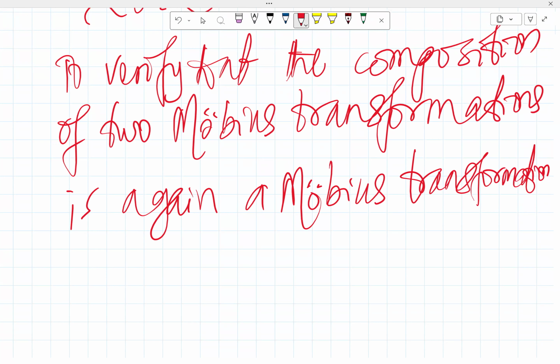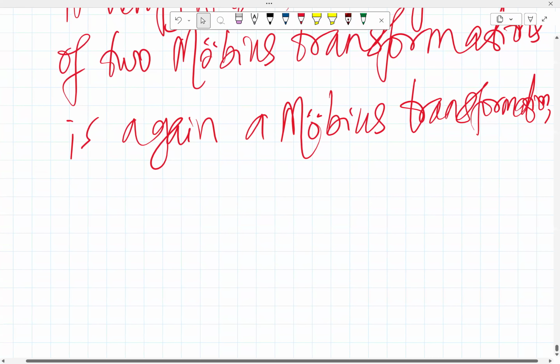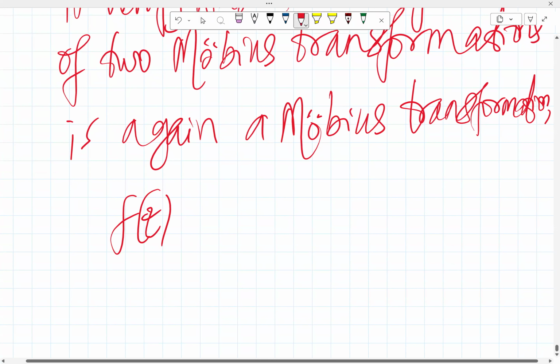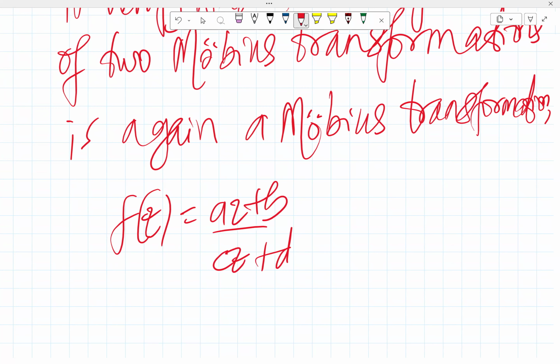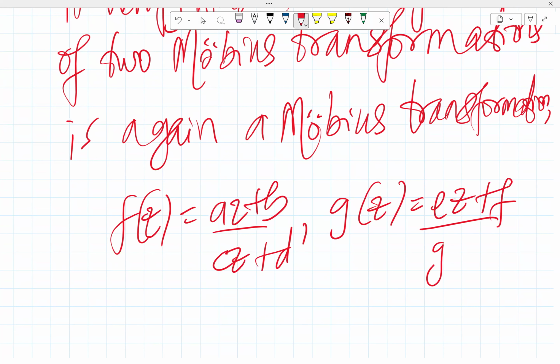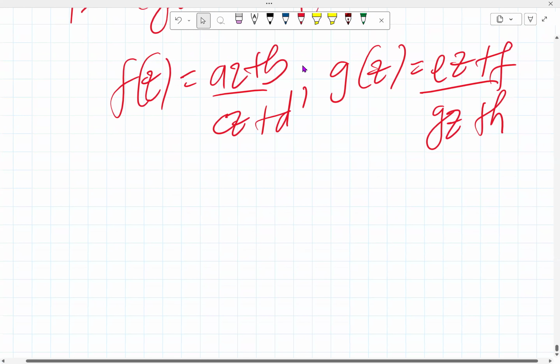So we are given that f of z is equal to az plus b all over cz plus d, and g of z is equal to ez plus f all over gz plus h. So let's go for that.